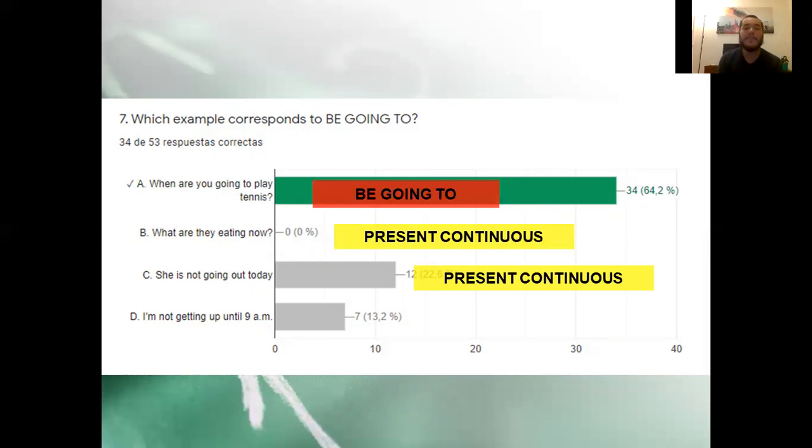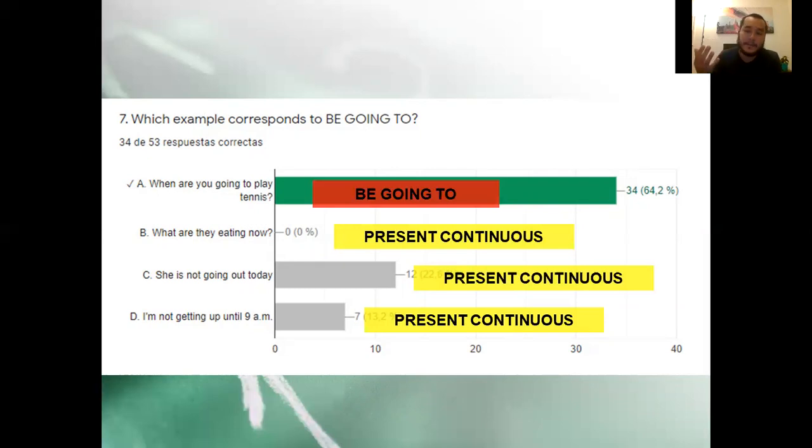Letter D says, I'm not getting up until 9 a.m., like coronavirus times. In my case, I get up at, let's say, 8:30, okay? But, well, it doesn't matter. Up, is that action or preposition? It is a preposition. So that is the reason that it is present continuous.